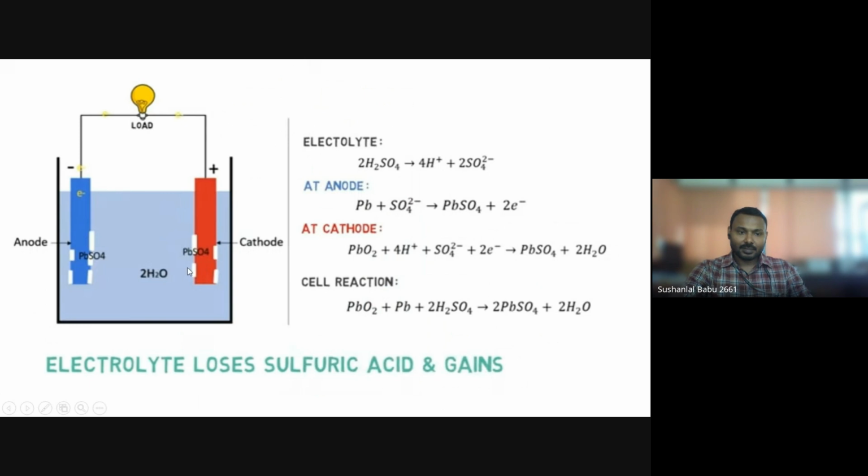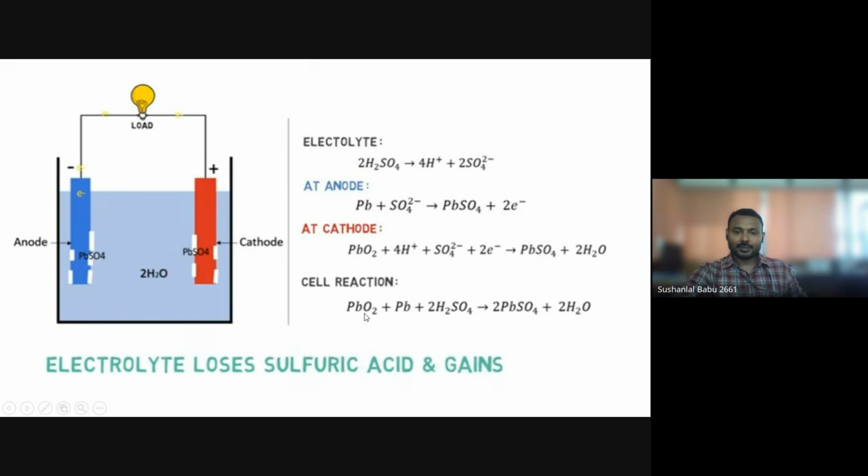In the electrolyte, H2SO4 will decompose to 4H+ plus 2SO4 2-. One SO4 2- will combine with lead on the anode to form PbSO4 plus 2 electrons. At the cathode, these 2 electrons will be added, and PbO2 plus these 2 electrons, plus 4H+ and 1 SO4 2- remaining in the electrolyte, combine together to form PbSO4 plus 2H2O.